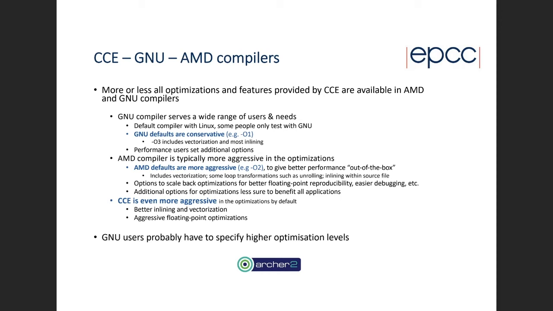The AMD compiler is a bit more aggressive, it has some reasonable options, and as I said, Cray is even more aggressive by default. So the message here is: if you're using the GNU compiler, you probably want to crank up the optimization level. If you're using AMD or Cray, then the default levels may be just fine.